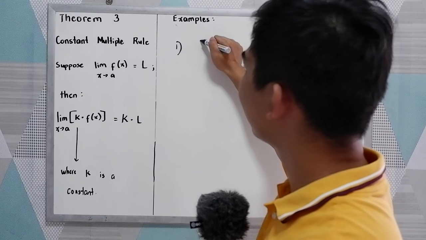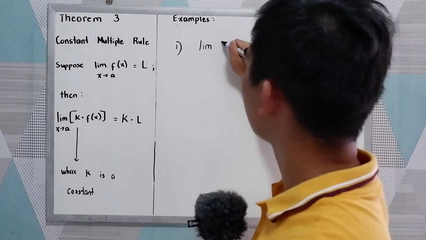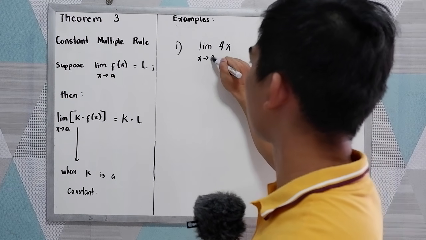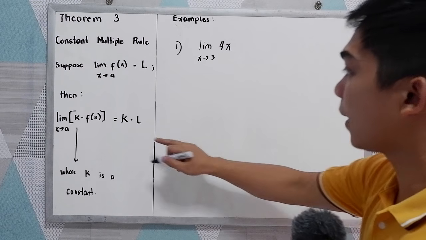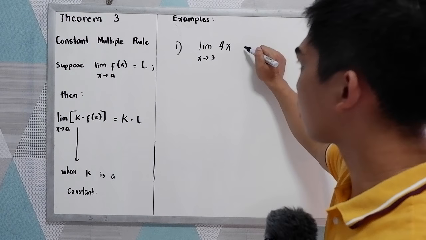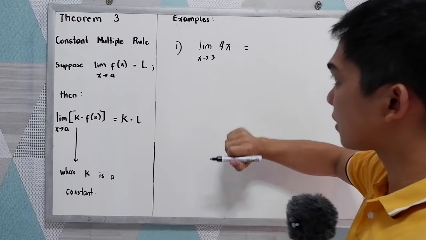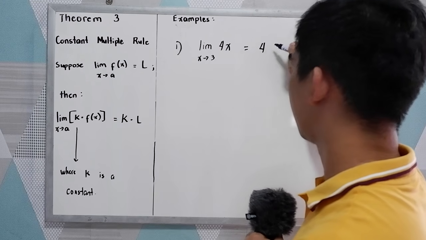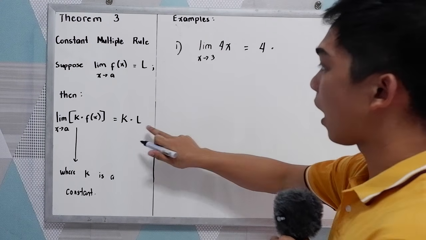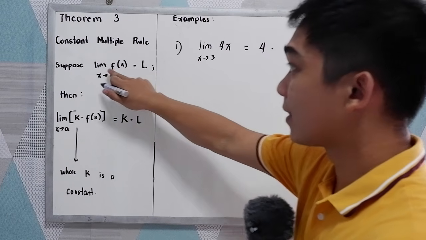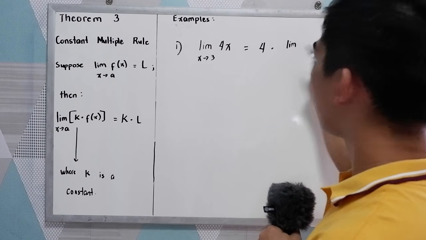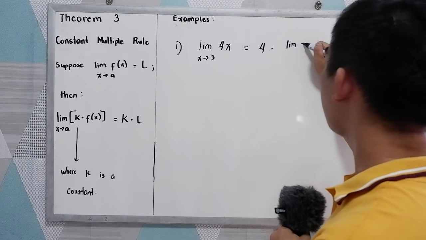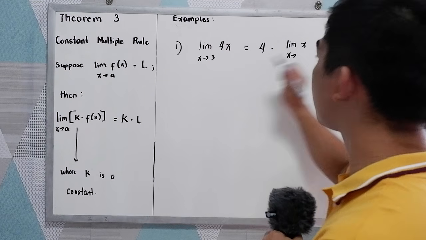Example number 1, the limit of 4x as x approaches 3. So applying our constant multiple rule, get the constant. In this case, we have the constant, which is 4, times the limit of our f of x, in this case x, as x approaches 3.